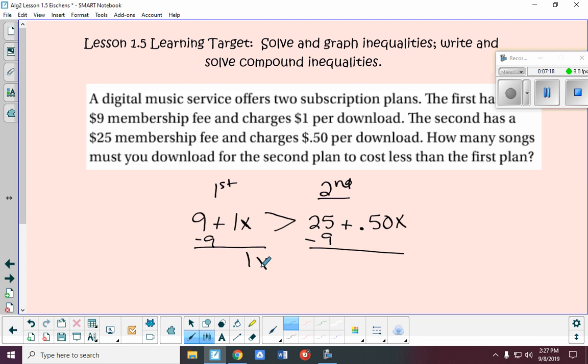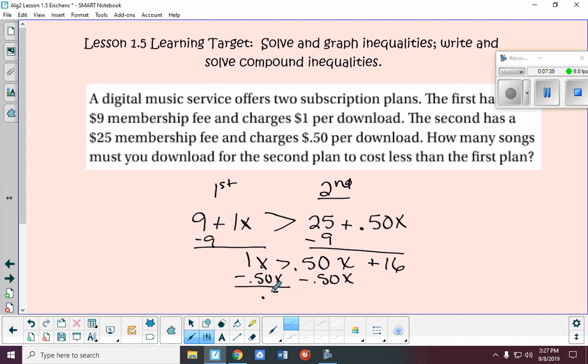So you have 1x is greater than 0.5 times x plus 16. Oops, I kind of turned those around here. So 25 minus 9 is 16, and then 0.50x. Now let's subtract 50 cents times x from each side.